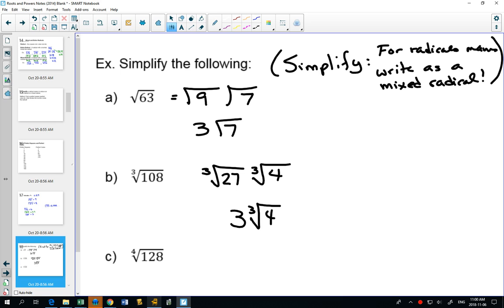One of the things that I like to do with checking out perfect powers of 4, okay? Most students will do this. 3 times 3 is 9, times 3 is 27, times 3 is, long pause, oh my goodness, 27 times 3, long pause, 81, okay?